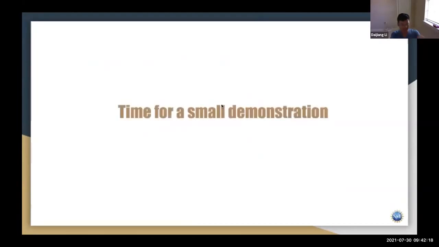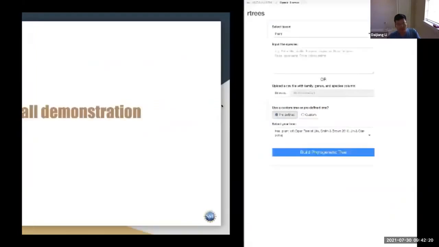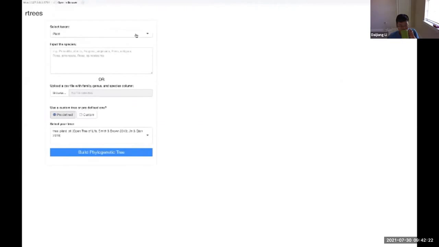Now it's time for a small demonstration of this. So firstly, we would prompt the user to select one of these taxons as the first parameter, whether the species of interest is a plant, fish, bird, mammal, or other.